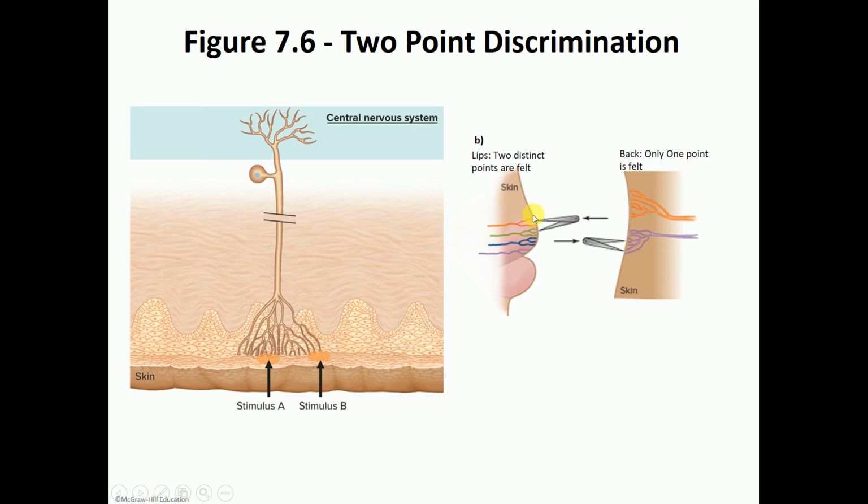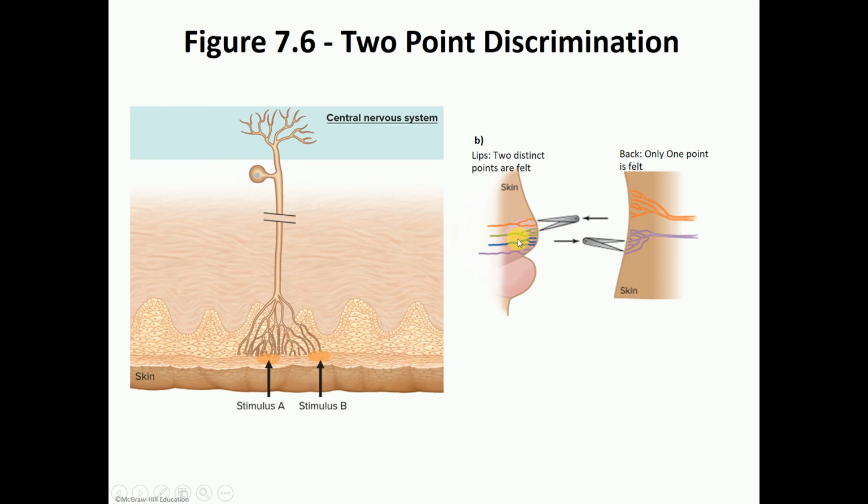While in areas where there is bigger discrimination, so for example in the tips of the fingers, the tongue, and in the lips, you can see here that the fields are much smaller. We have more sensory neurons. And these 2 points are stimulating 2 different sensory neurons. So you see here, this one is stimulating the orange, while the one on the bottom is stimulating the green.